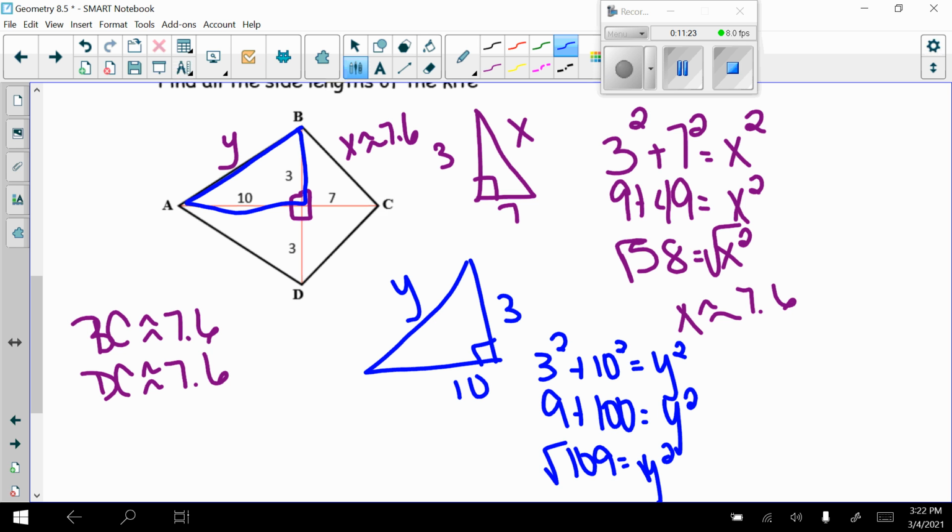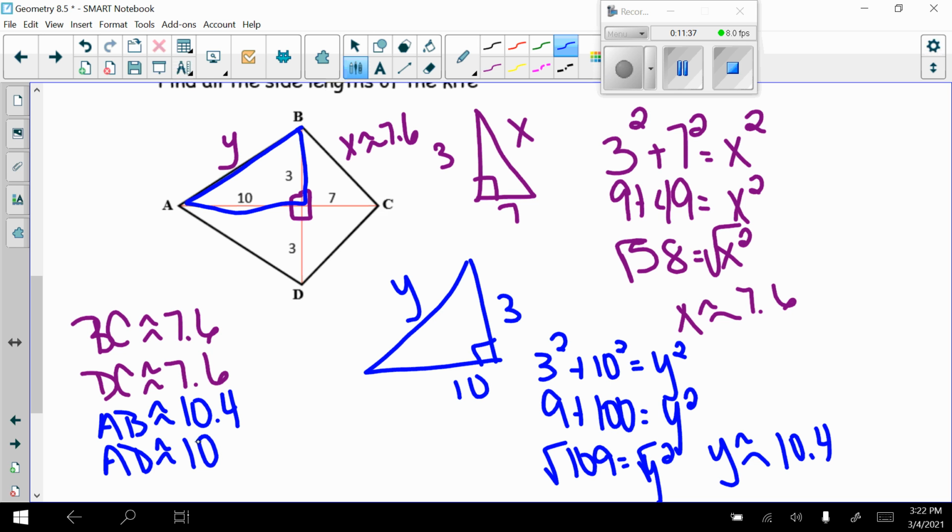Take the square root of both sides. Again, type that in my calculator, and I get approximately 10.4. So I know then that AB is approximately 10.4, and AD is approximately 10.4. So those are my side lengths.